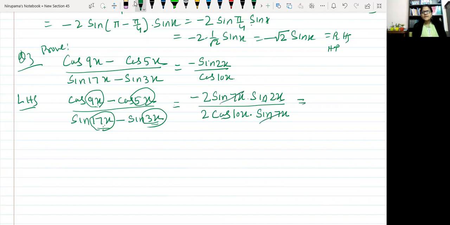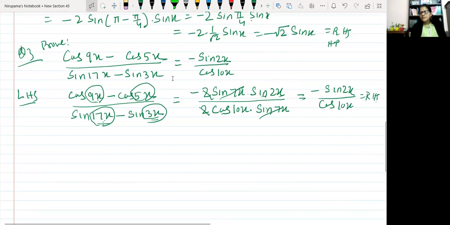Sin 7x cancelled, 2 cancelled. Minus of sin 2x divided by cos 10x. Okay, isn't it very easy? So when you practice like this, automatically all the formulas and the way to practice will come. All the formulas you can remember.